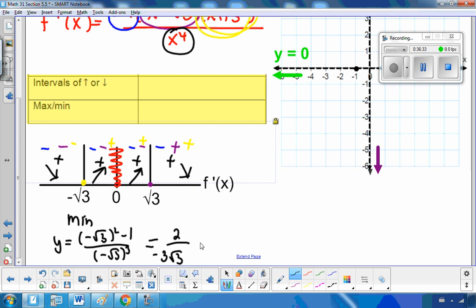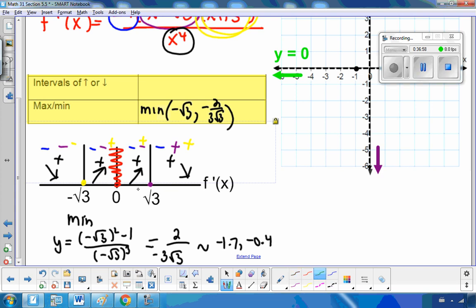So I'm going to say that that's negative 2 over 3 root 3. So I have a minimum at negative root 3 and negative 2 over 3 root 3. And I'm not going to worry terribly about rationalizing that denominator. I want to know approximately where that is, and that's about at negative 1.7 and negative 0.4.